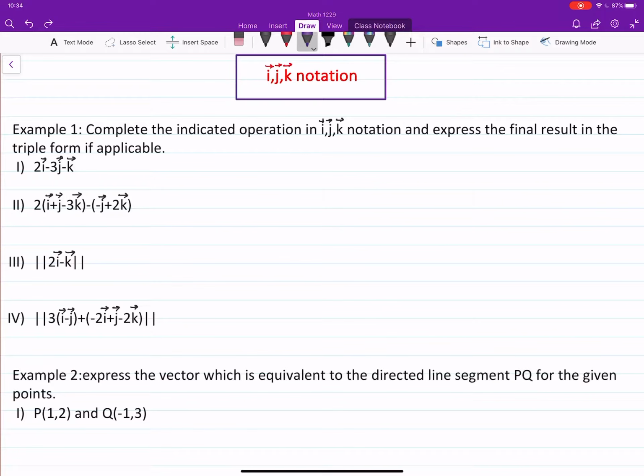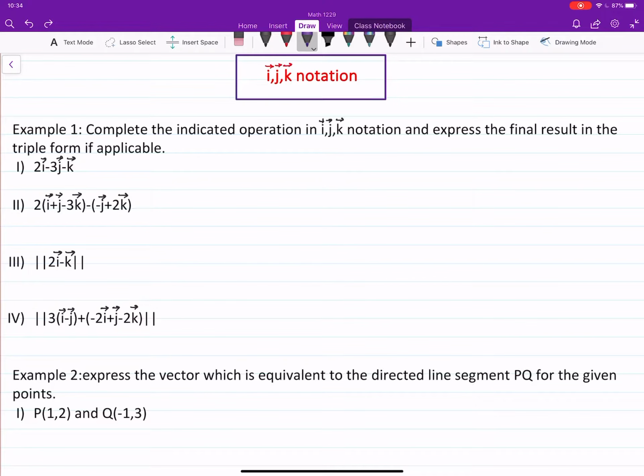Hi, in this video we will do some examples for this IJK notation. What we learned was that we can write vectors in two forms. One, the triple or ordered pair form, where you list the first component, second component, third component.